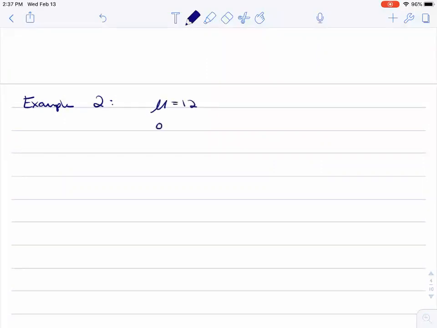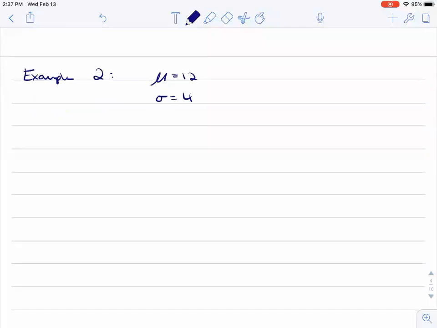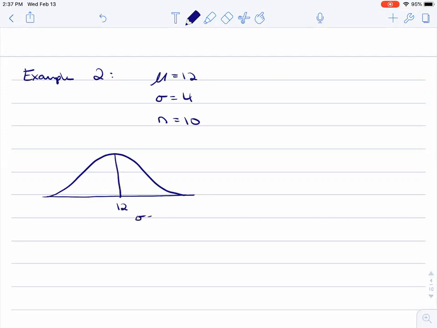So we've got mu of 12, a standard deviation of 4, and our sample size is 10, 10 boxes per pallet. So the situation that we have is a normal distribution centered on 12 with a sigma of 4.